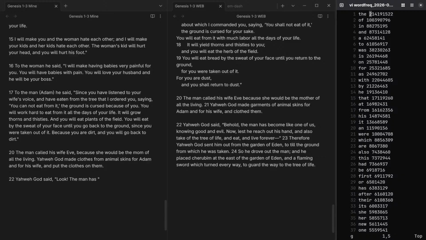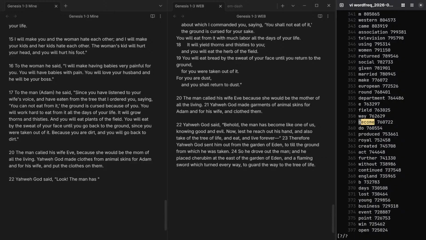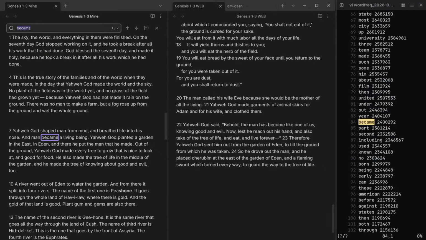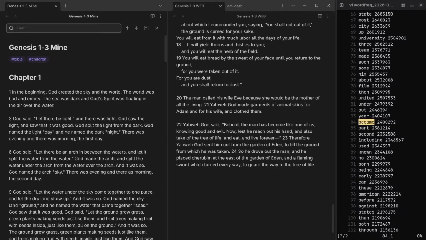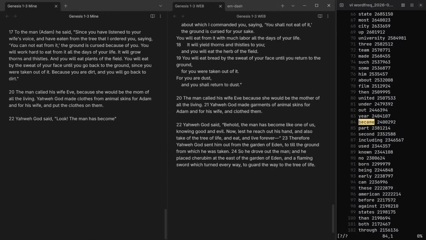I think I've used it before. Became is common too, yeah. Oh, this is my first time using become. But I used became a couple of times.